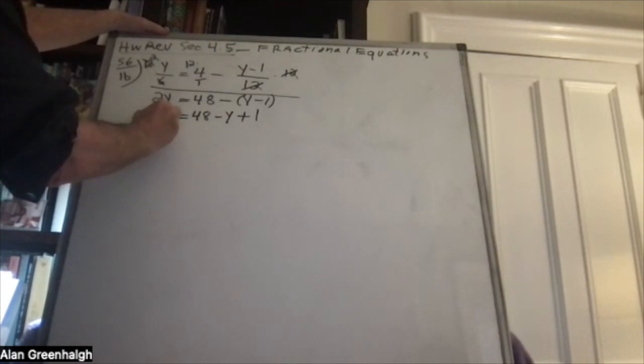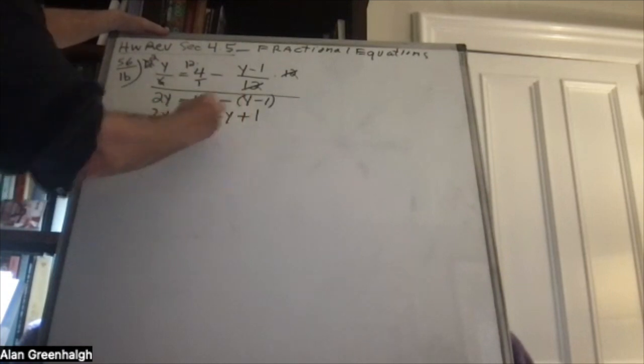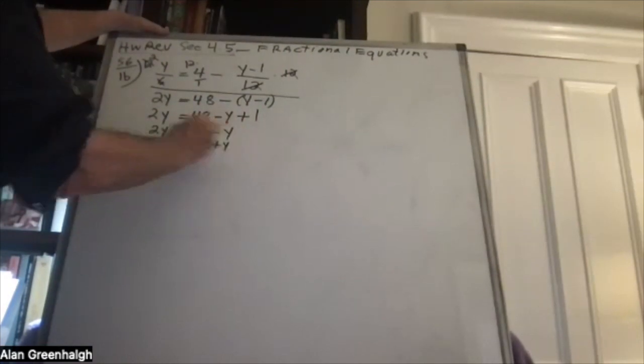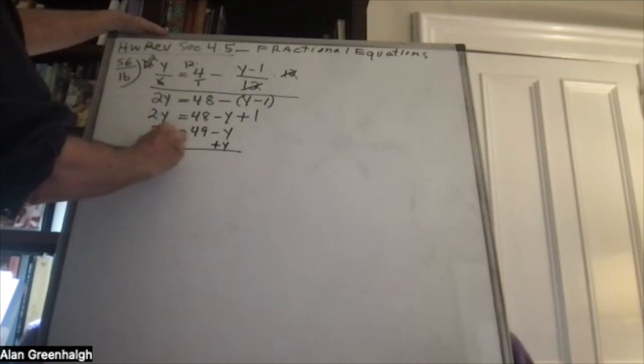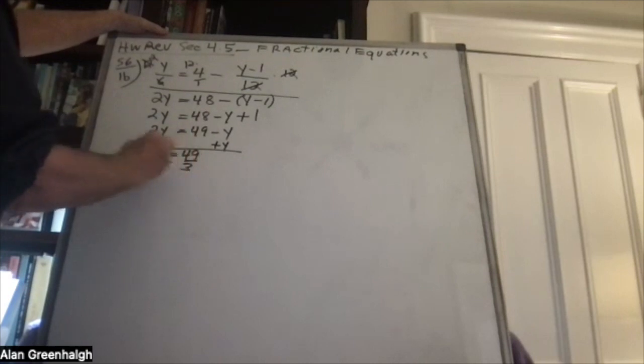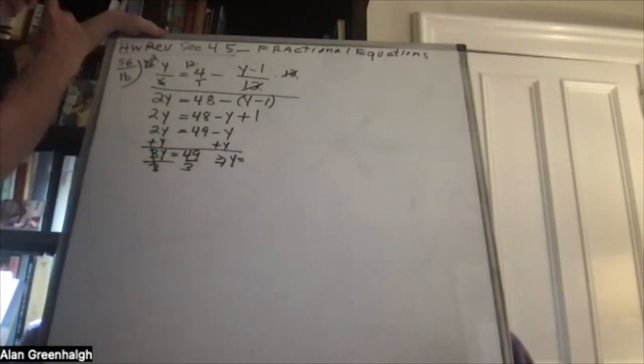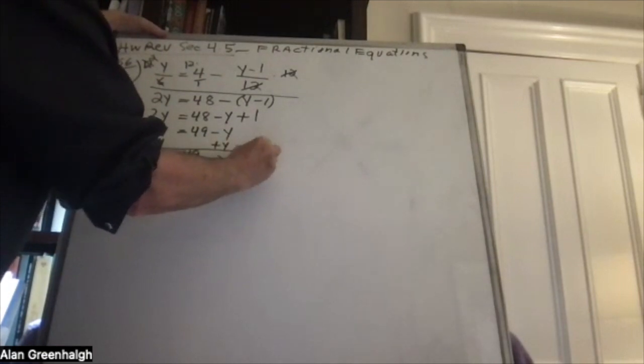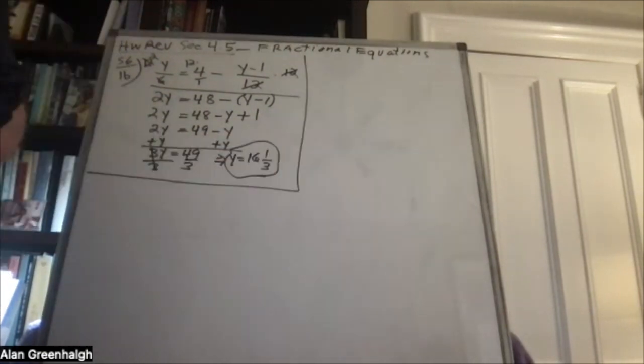And then 2y equals 48 and 1 is 49 minus y. Bring the y over. 3y equals 49. Oh, well, you can't have everything, right? And this becomes y equals 3 into 49 goes 16 1/3. All right, let's go on.